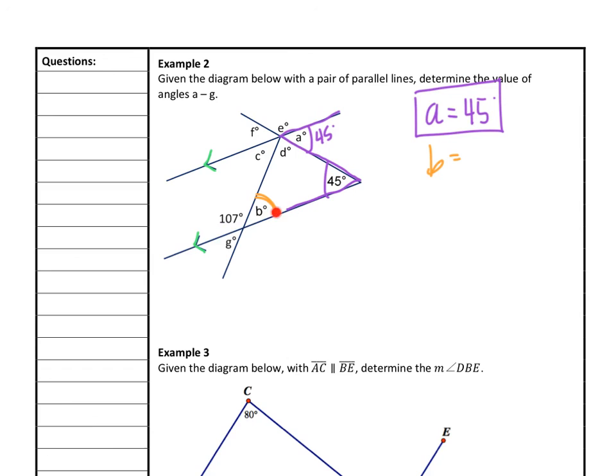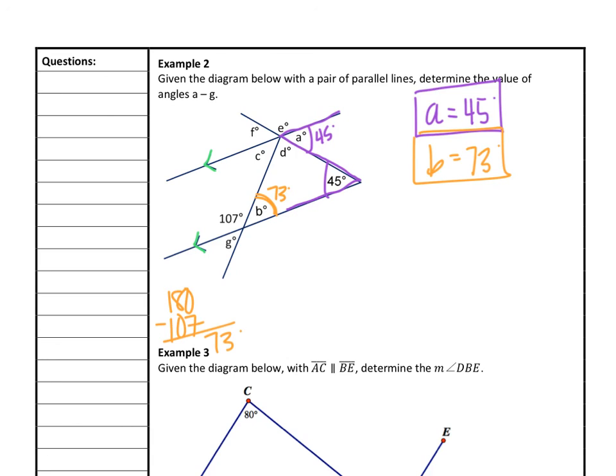Angles on a straight line sum to 180. So 180, take away 107, and we're left with 73. So B equals 73. And again, that was because angles on a line right here add up to 180. You can jot that down off to the side next to B if you want to.